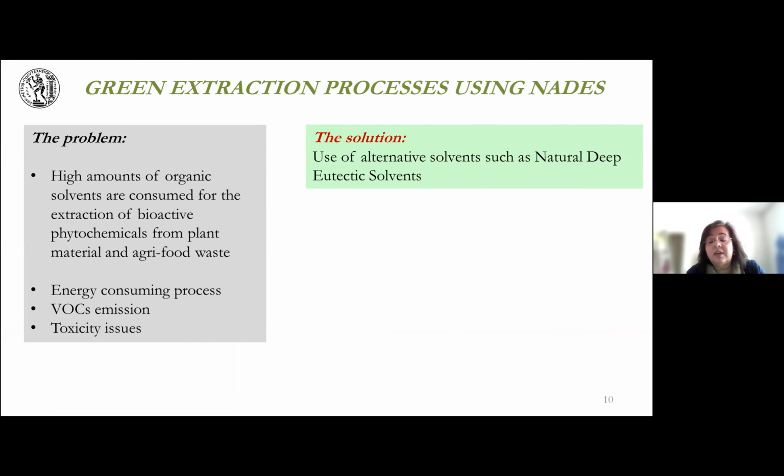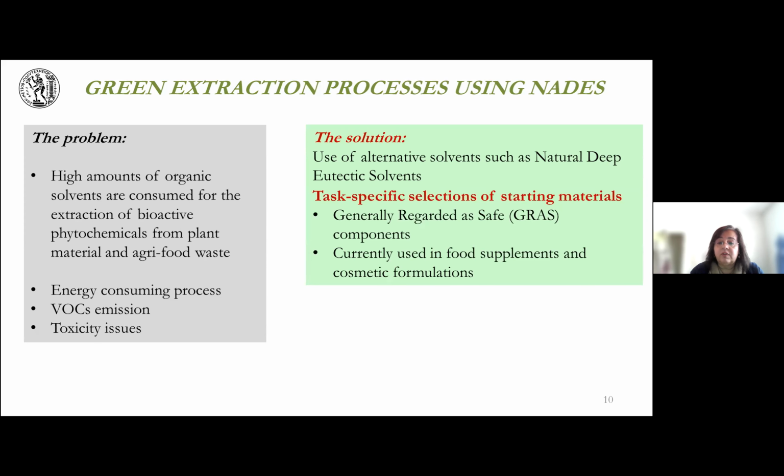Also some toxicity issues arise because of the traces of organic solvents that might remain after the evaporation. So one potential solution is the use of alternative solvents, such as natural deep eutectic solvents.